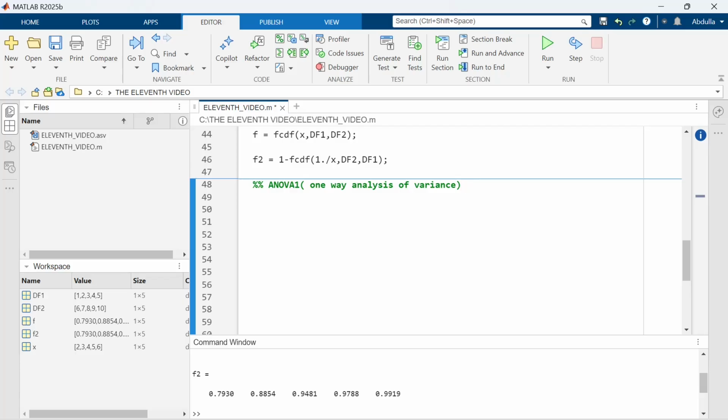So again, as always, why do we care about ANOVA? This time it compares multiple group means and simplifies statistical testing like FCDF and FINV. All these functions that we explained before are completely relevant to ANOVA.